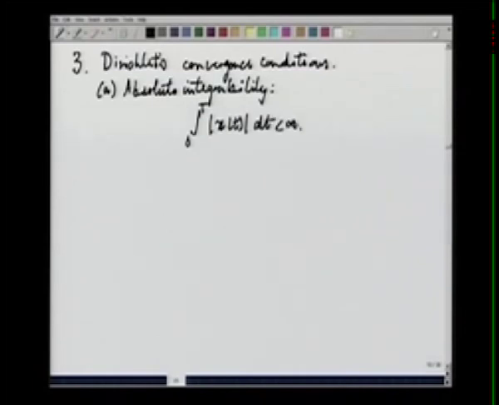That means, the integral of the absolute value of x t over one period must be finite. Now, the second constraint is bounded variation.